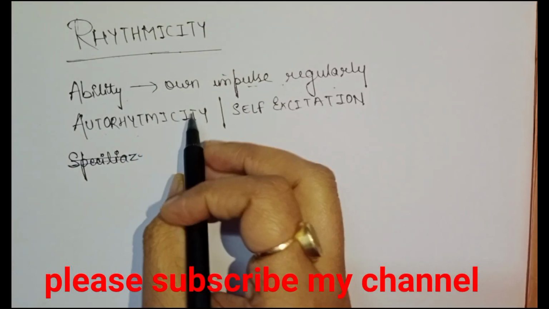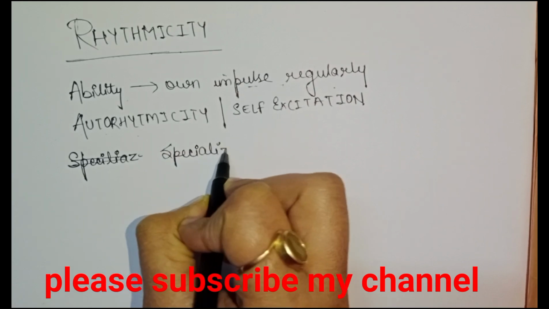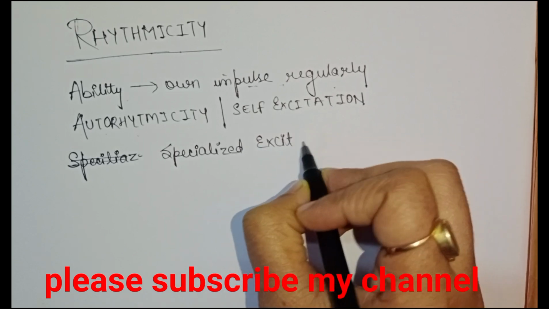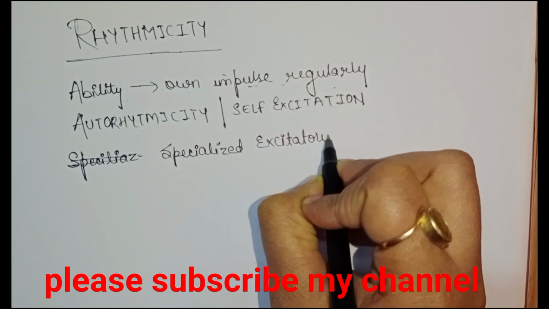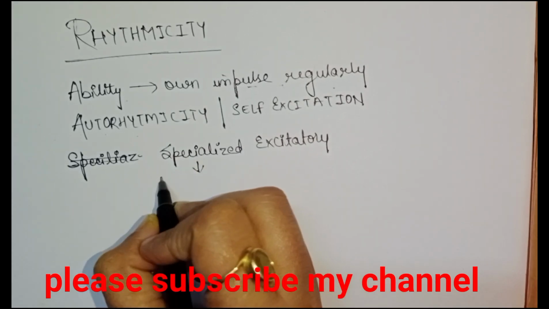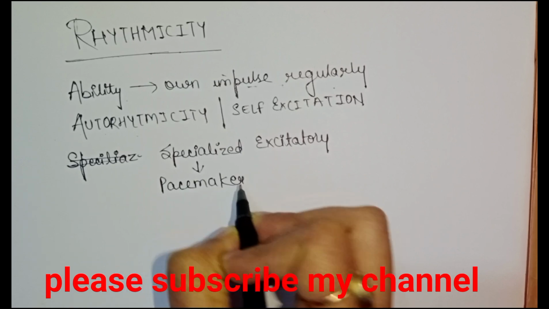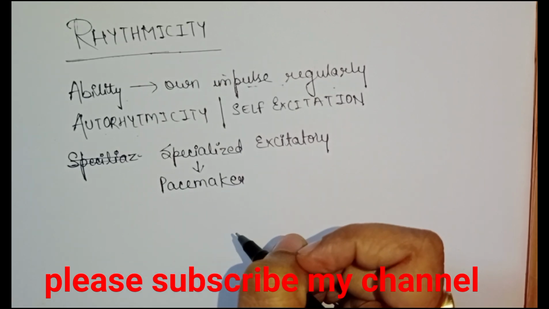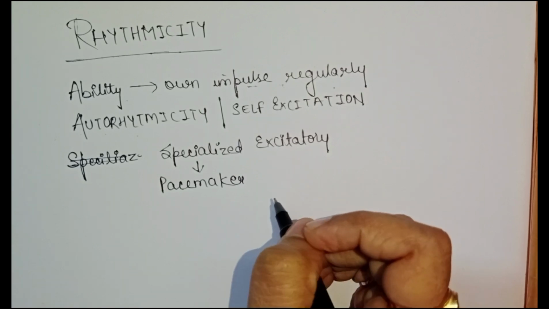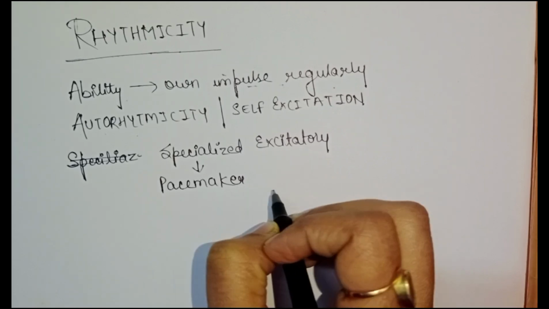However, the heart has a specialized excitatory structure called the pacemaker, which discharges the impulse more rapidly. And from here the impulse spreads to the other parts through the specialized conductive system.